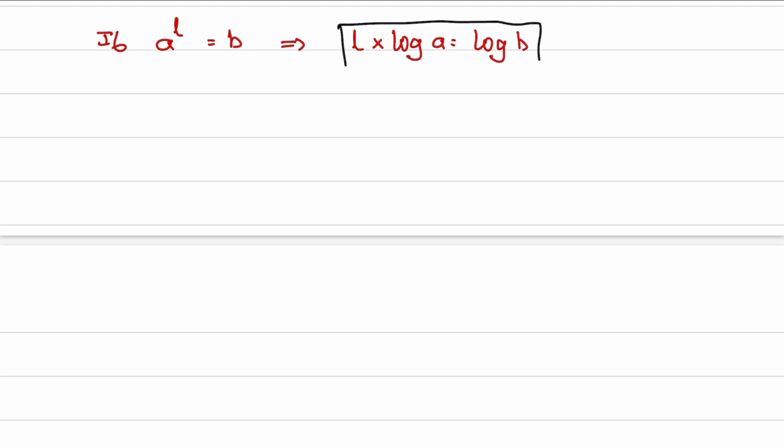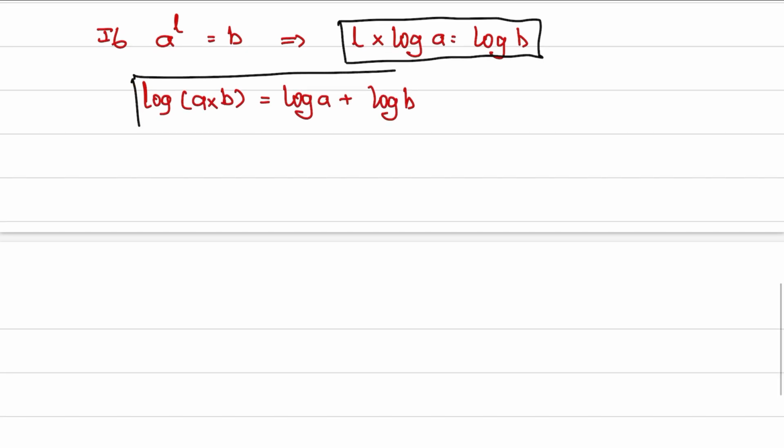A to the power of L is equal to B. It implies L into log A is equal to log B. This much you should be able to know. Next is log A into B is equal to log A plus log B. That you should be able to know.